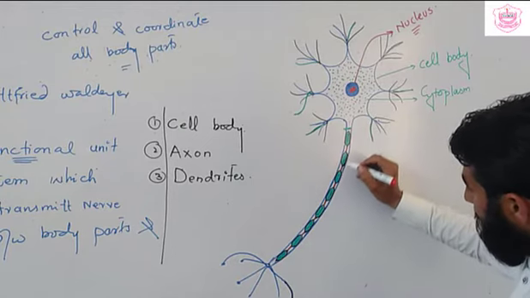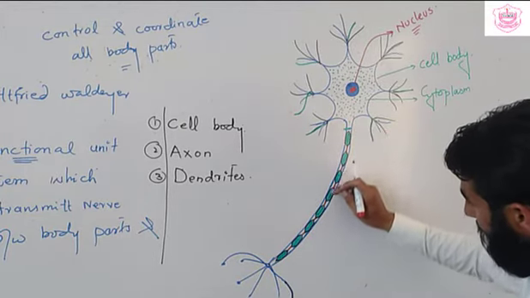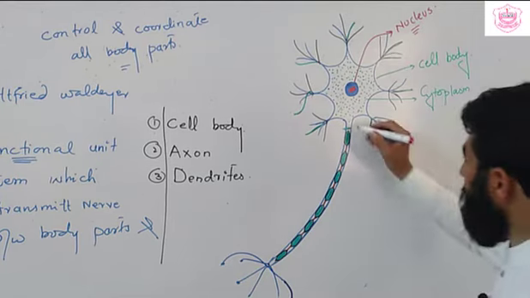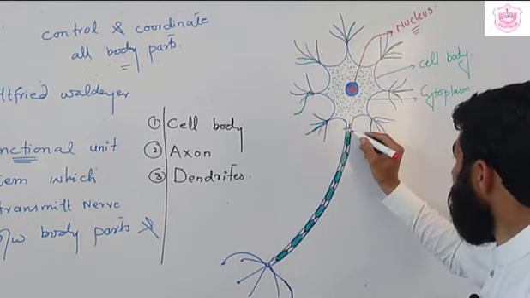This unbranched structure is known as the axon.